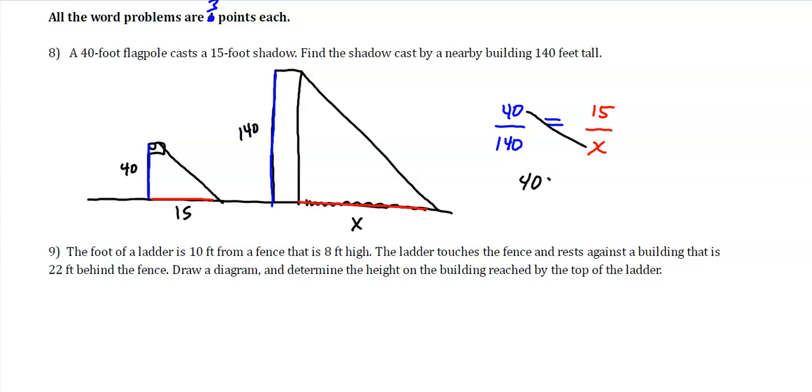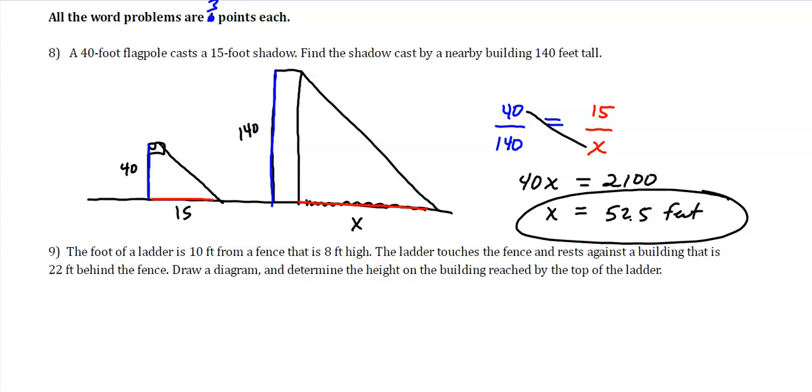So 40x equals 15 times 140, which is 2100. 2100 divided by 40 is 52.5 feet. So that's how long the shadow is.